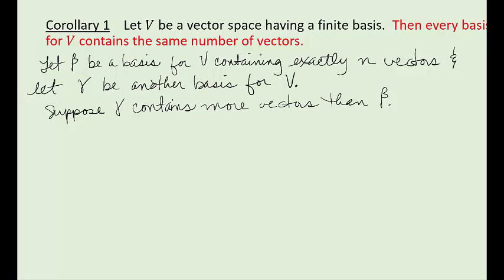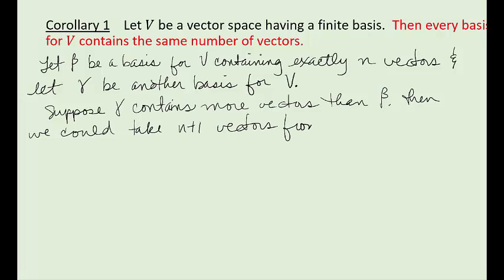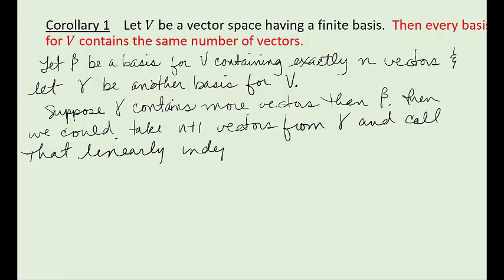Suppose gamma contains more vectors than beta. Well, then we could take n plus 1 vectors from gamma and call that linearly independent subset. Let's call it L.